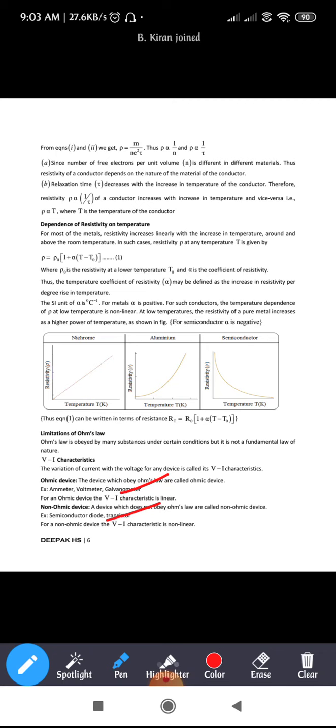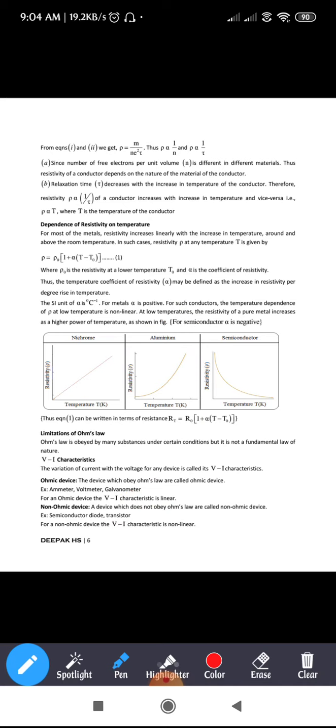When you plot the graph of resistivity versus temperature, it comes out to be a straight line above room temperature. Below room temperature, the graph comes out to be a curve. You can see it for aluminum; I am talking about metals. This is the nature of the curve.